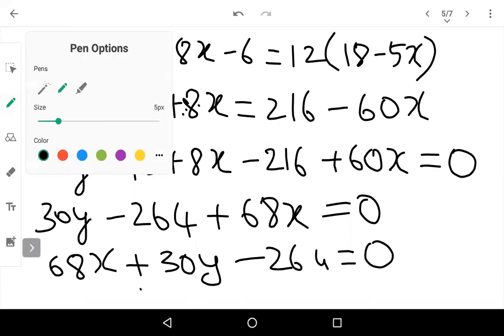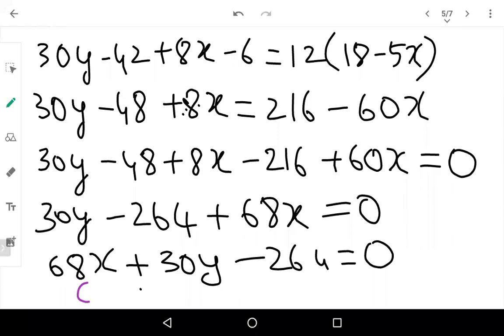so my equation is going to be 68x plus 30y is equal to 264. Fine. Now you can keep the equation as it is and solve. But if you see, the numbers are big. So let us divide the equation completely by one number.